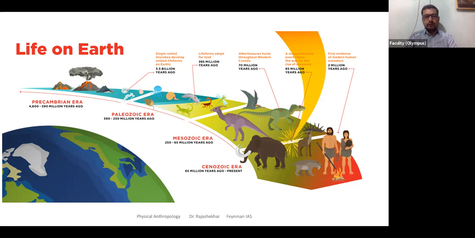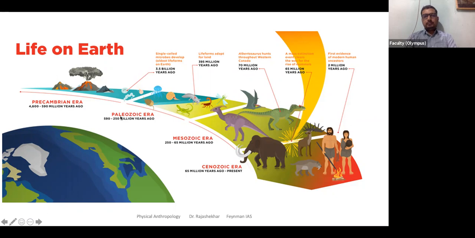After the Precambrian era, we actually have three eras: the Paleozoic era, Mesozoic era, and Cenozoic era. The modern era that we are in today is the Cenozoic era. The era previous to Cenozoic is Mesozoic, and before that was Paleozoic.